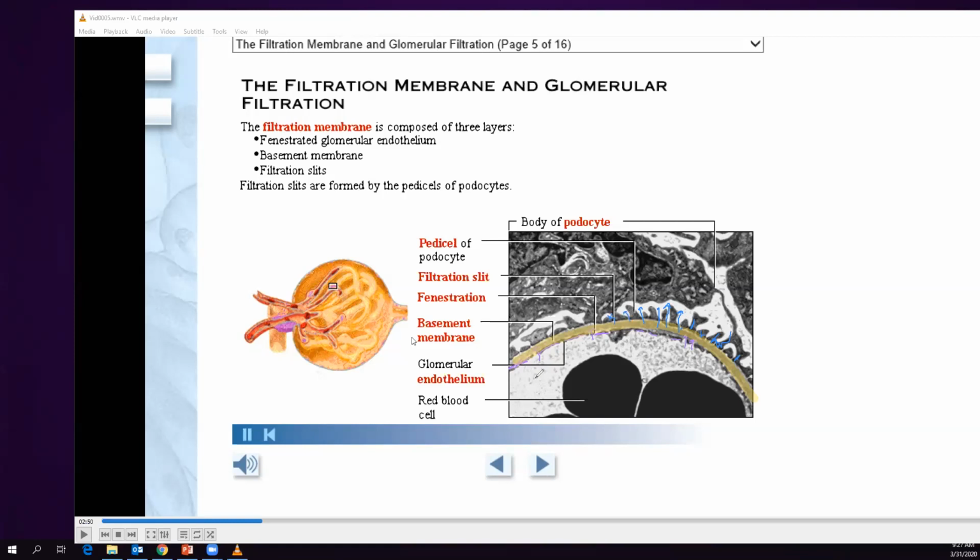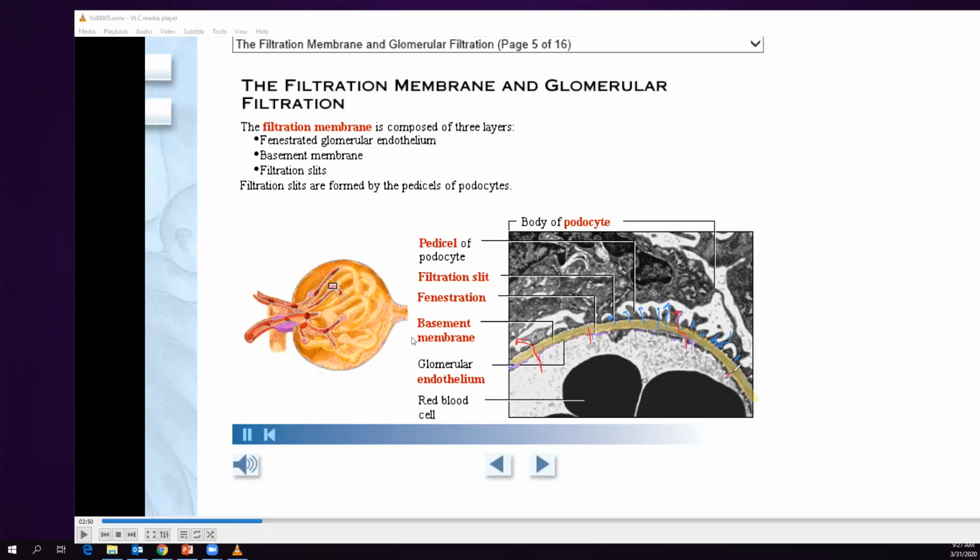When we're filtering, here is the pathway that the material needs to take. I'll make it red. It's going to have to come through a fenestration like this, then it's going to go through the basement membrane, and then it's going to go through a filtration slit. Let's find another.